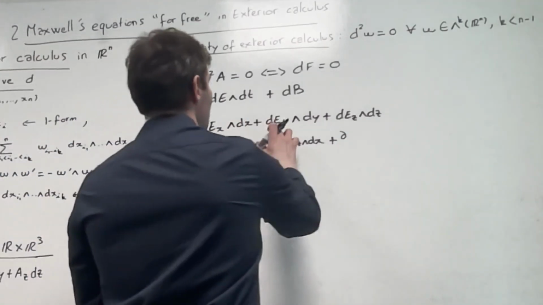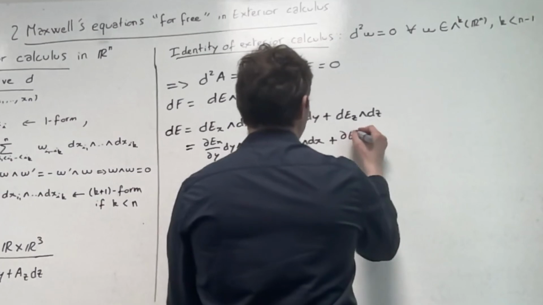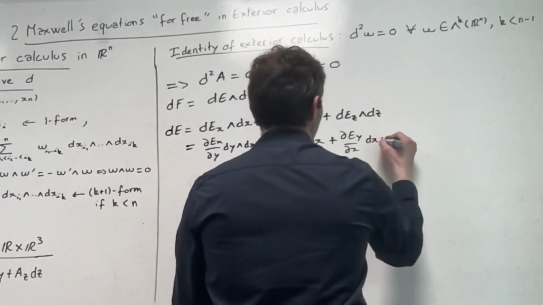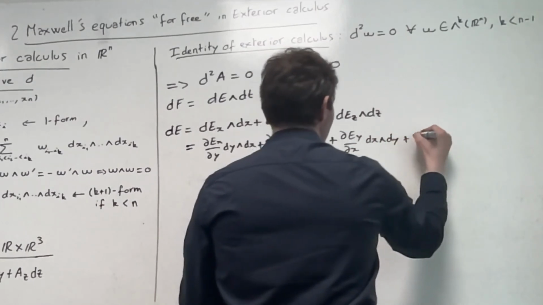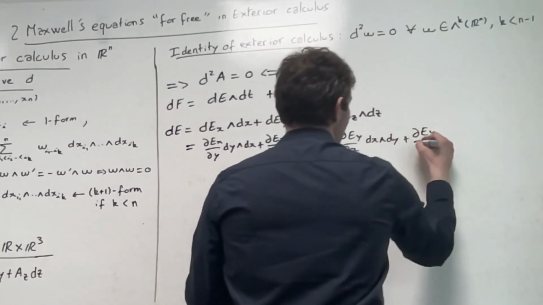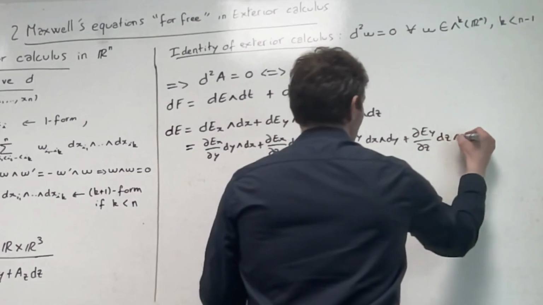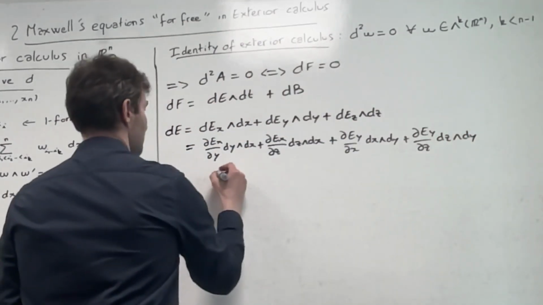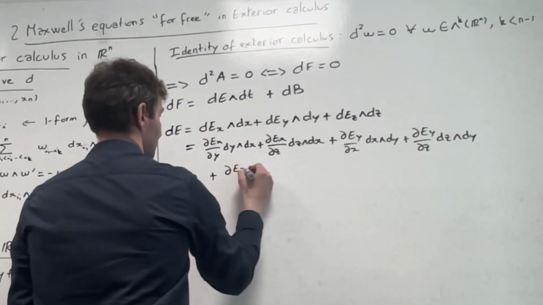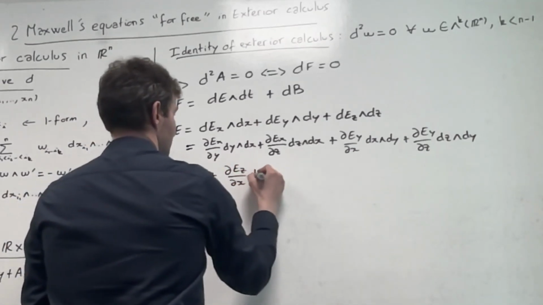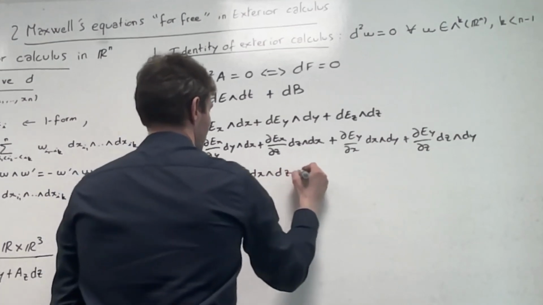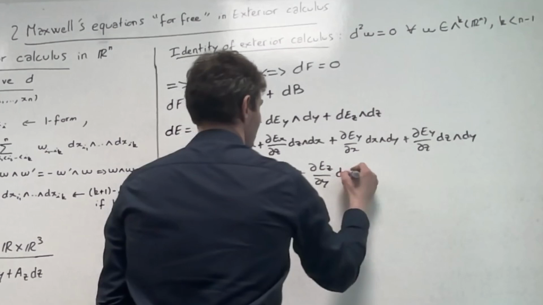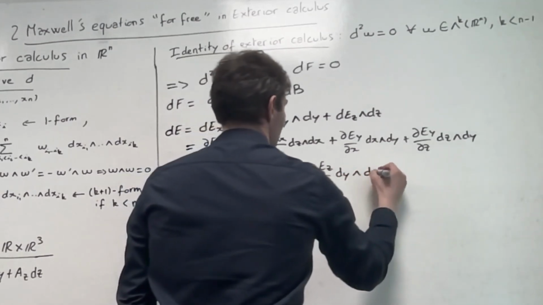Now we do the Ey, so plus dEy/dx dx wedge dy plus dEy/dz dz wedge dy, and then plus dEz/dx dx wedge dz plus dEz/dy dy wedge dz.